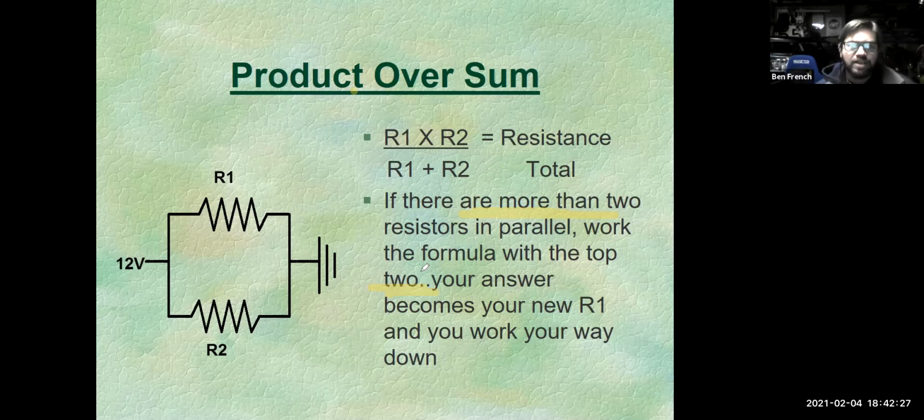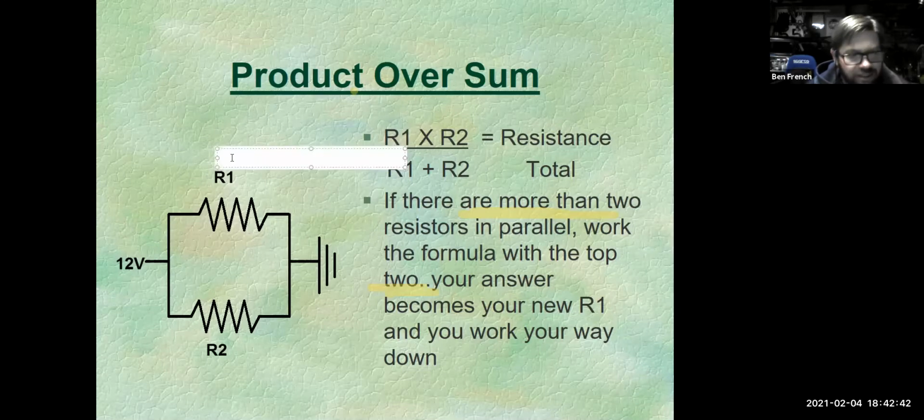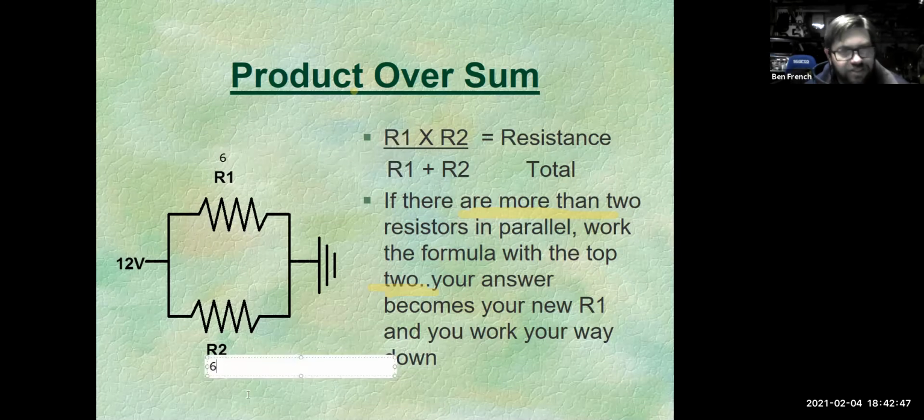But it's pretty simple to do this, because all you do is figure out the product, figure out the sum, and divide them out. So again, I'll use the same numbers that I had before, guys, where I had 6 ohms there and 6 ohms over there.